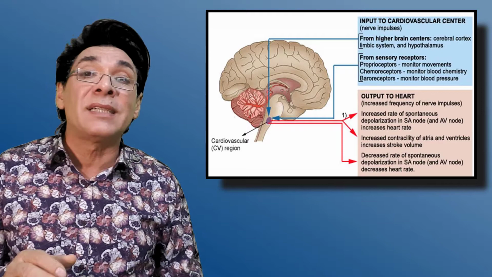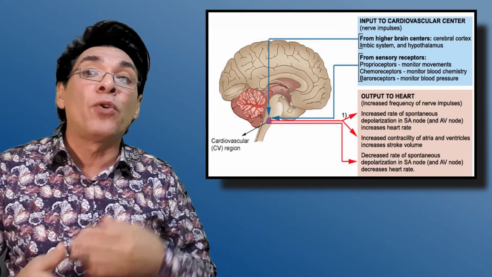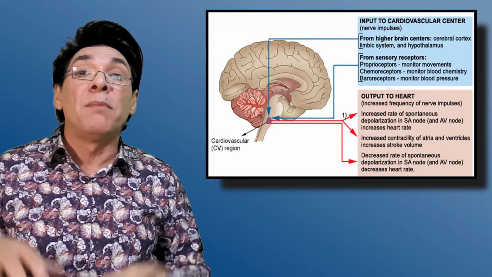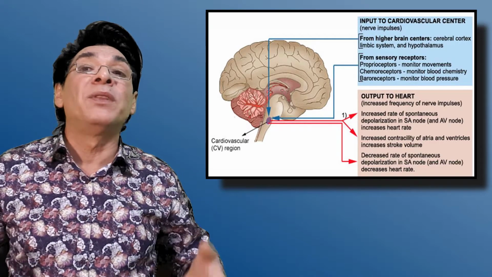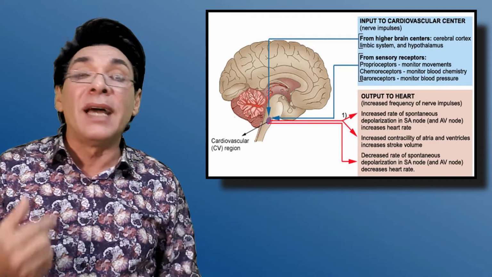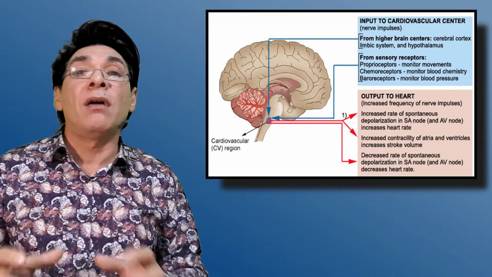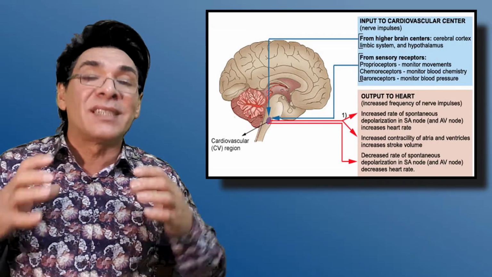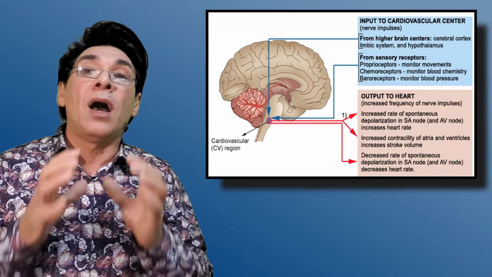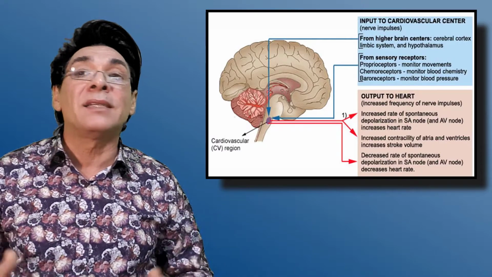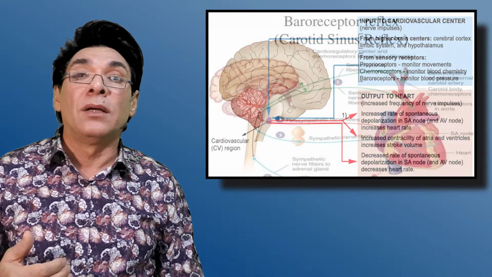Among these receptors are various proprioceptors, baroreceptors, and chemoreceptors, plus stimuli from the limbic system. Collectively, these inputs normally enable the cardiovascular centers to regulate heart function precisely, a process known as cardiac reflexes.